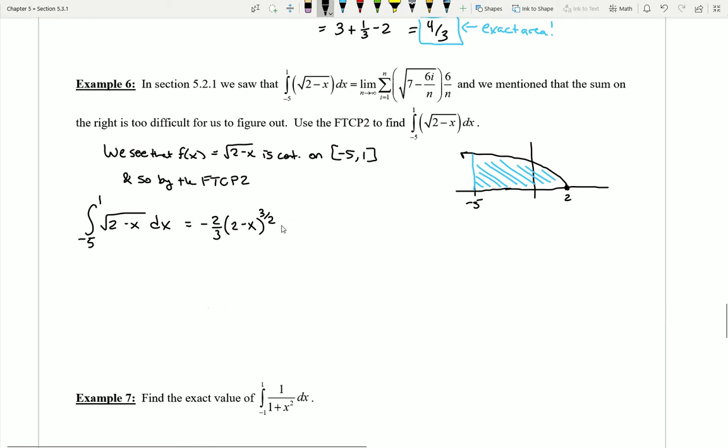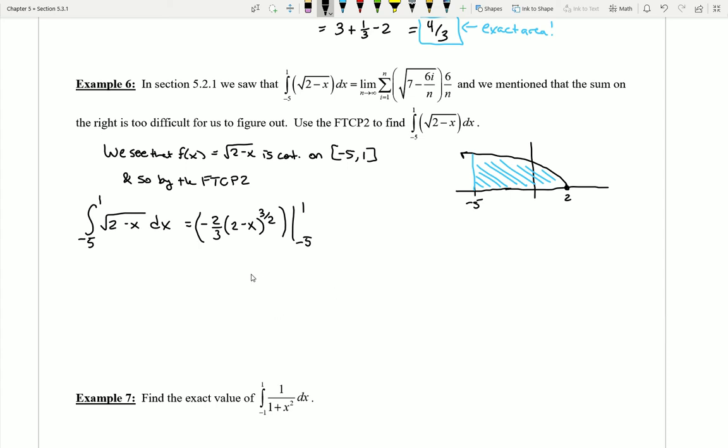Now, I can also see here that the most general antiderivative would again have a plus c on it. But with a fundamental theorem, all I really needed was to have any antiderivative. And so I'm going to choose to use the one that has plus 0 on it. Seems like an easy choice, because if I have a plus 0 on there, then nothing really changes.